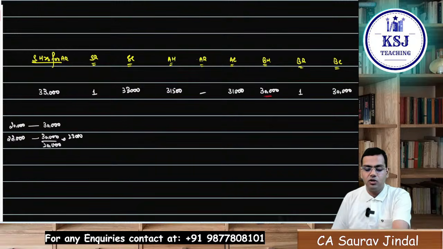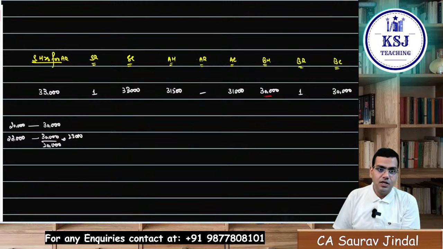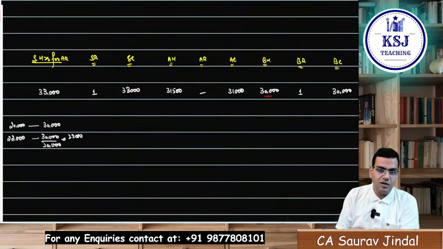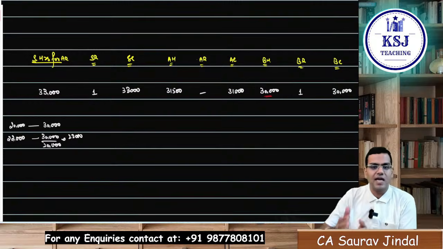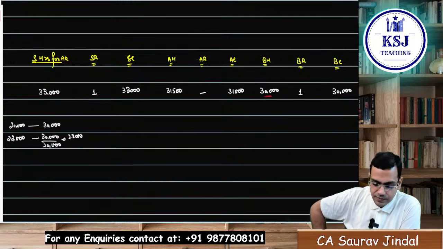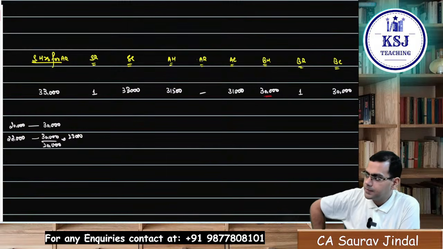Either the budgeted overheads and budgeted hours will be given, or like in this question, the budgeted rate and the cost is given, so you can calculate hours. So the budgeted part in most of the cases will be given to you. From there, move on to the standard part, then the actual part.